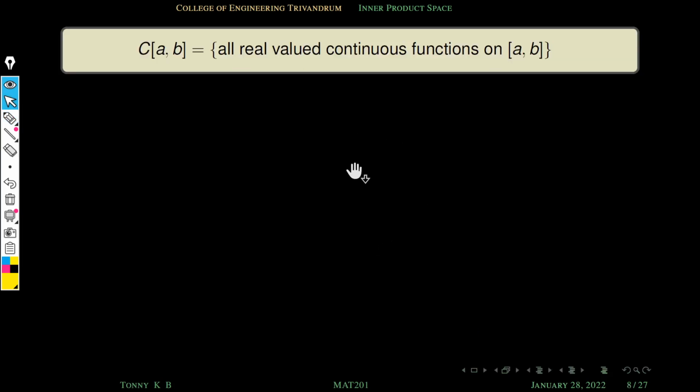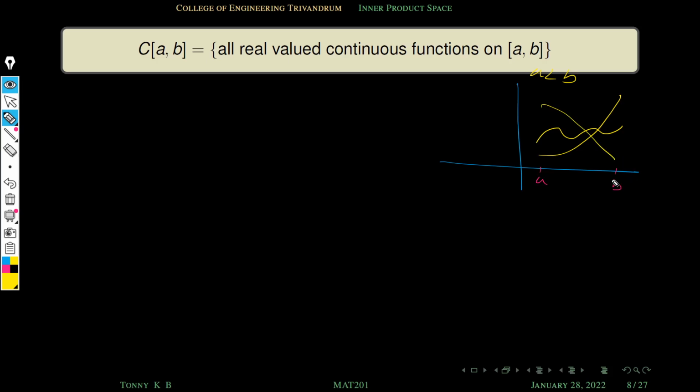Okay, next we consider another set, C[a,b]. What is C[a,b]? It is the set of all real valued continuous functions on the interval [a,b], where a is less than b. For example, you think about all the functions defined in the interval [a,b].